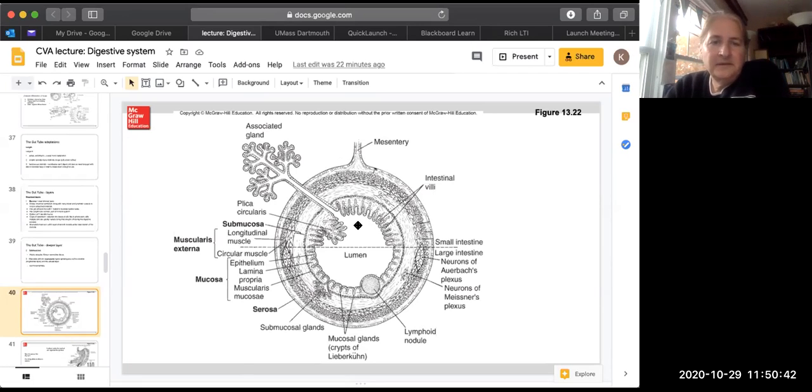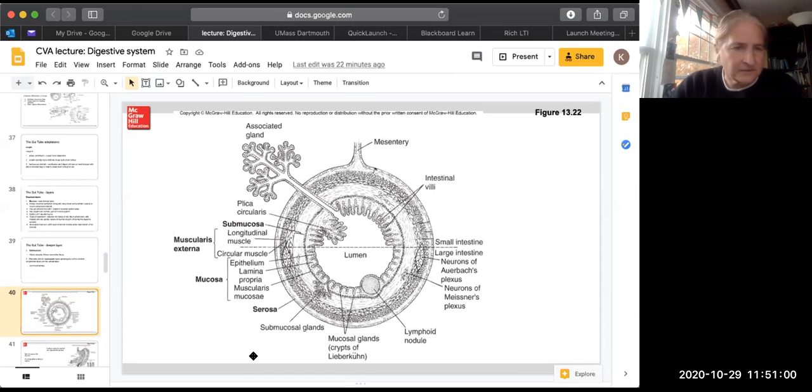There's this layer with some of the features I mentioned, like lymphoid nodules. Then there's the submucosa around it that's very highly vascularized, and then these layers of muscle around that.